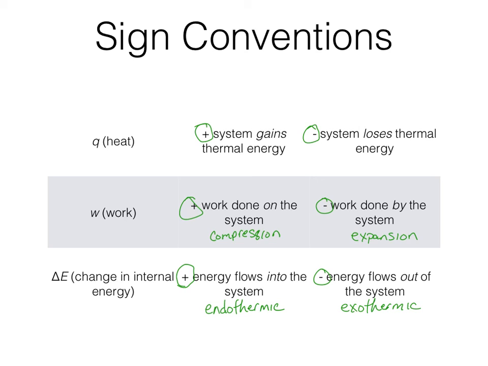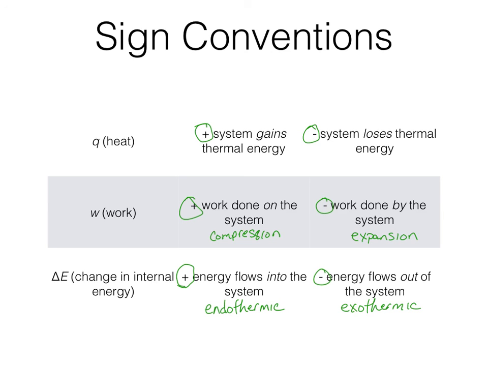Okay, in the next video, I believe that we're going to start putting this together and start solving some problems. I hope this helps give you a summary and starts to give you the directionality of these signs. Do know that these sign conventions are for chemistry, and it's because of the ways that we have defined our variables.